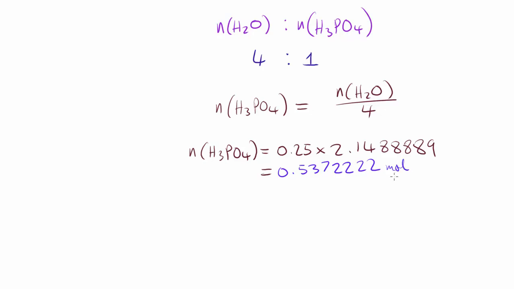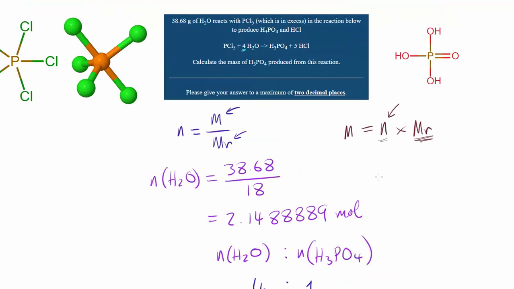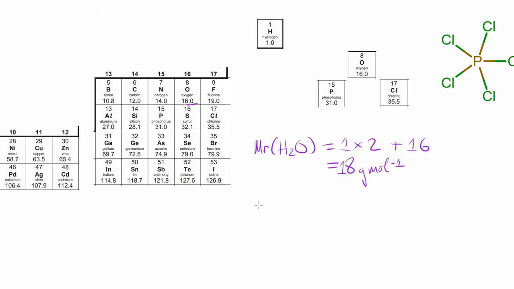Now that we have the moles, we can go back to the equation that we started with. As I said at that time, working out the molar mass for H₃PO₄ is relatively straightforward, but we needed to work out the number of moles first, which now we've done. So let's work out that molar mass. We refer back to the periodic table, and here we're looking for the Mr of H₃PO₄.